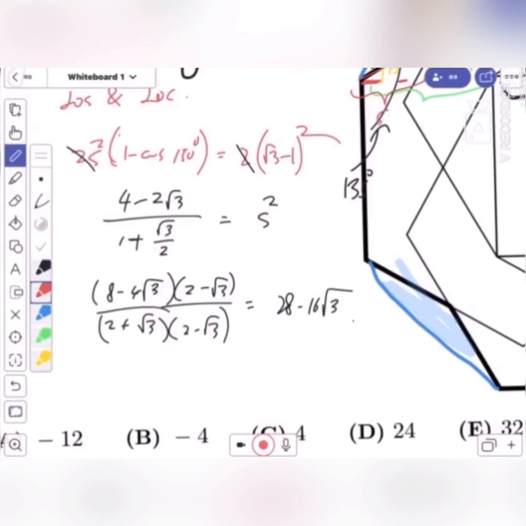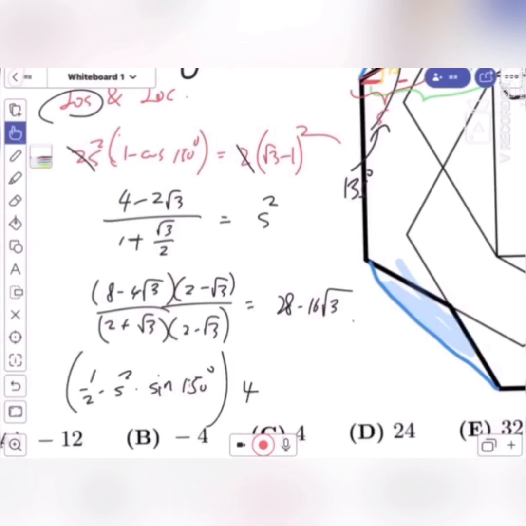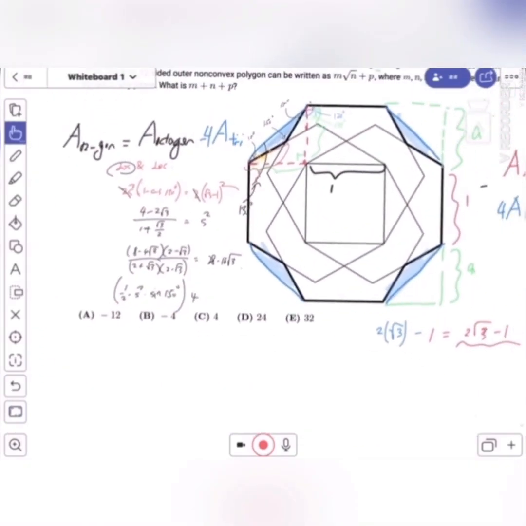So now 1/2 ab sine C. It's not law of sines, but it's like the sine area formula. 1/2 times s squared times sine of 150 degrees. This is the area of a single one, right? But we have to multiply this by 4, since recalling the original diagram, we have 4 such triangles.